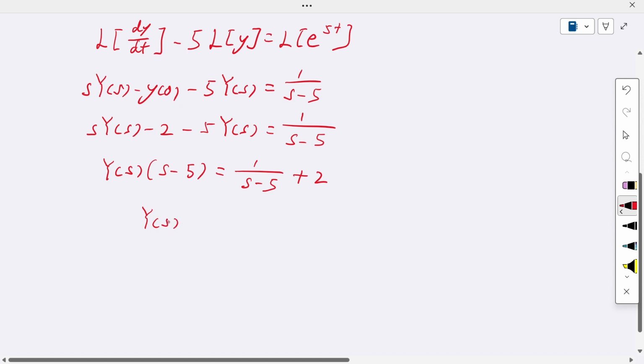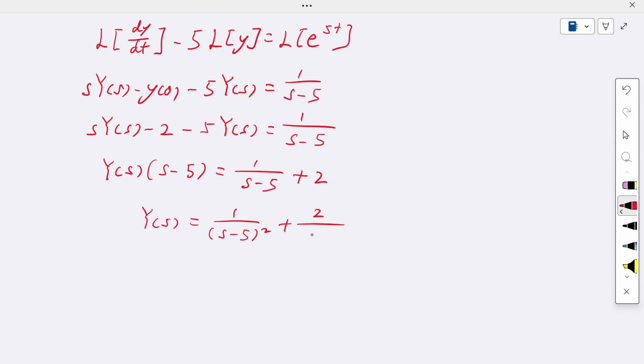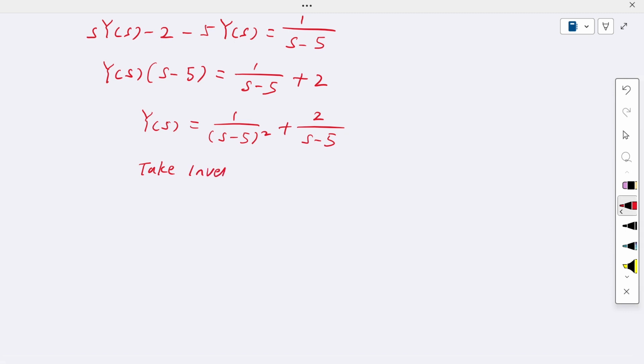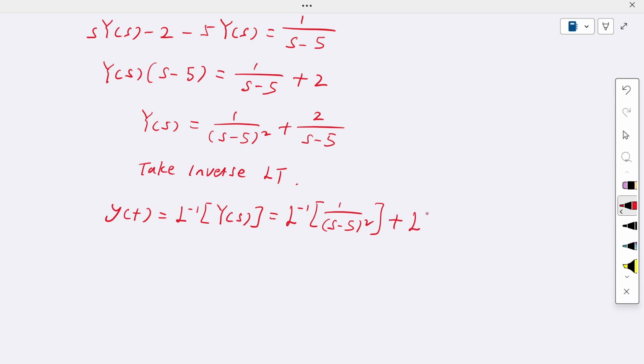Then we have capital Y(s) equal to 1 over (s minus 5) squared plus 2 over (s minus 5). So to find the solution, we take the inverse Laplace transform. So we get y(t), which is equal to the inverse of capital Y(s). Here we have the inverse of the first term, 1 over (s minus 5) squared, plus the inverse of the second term.